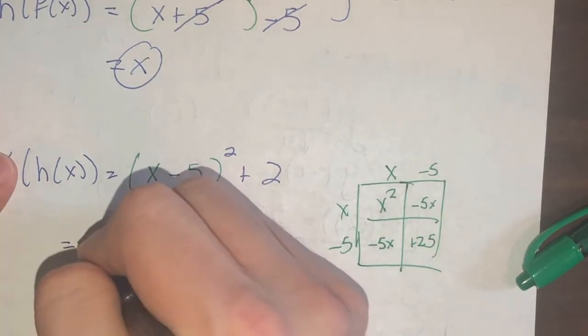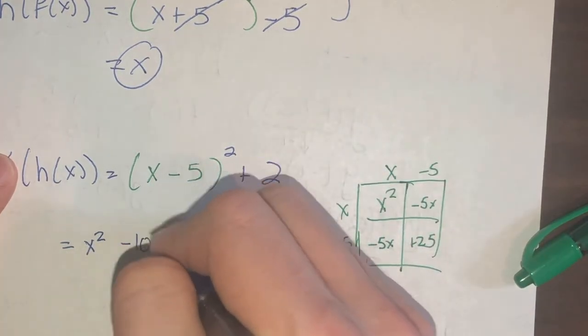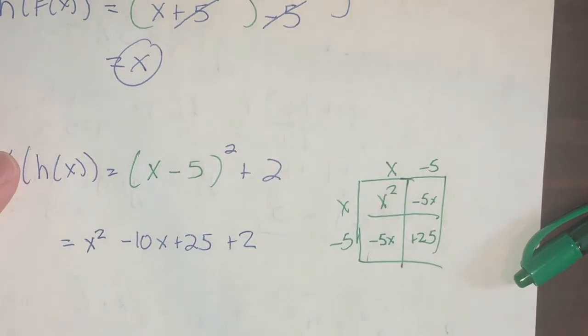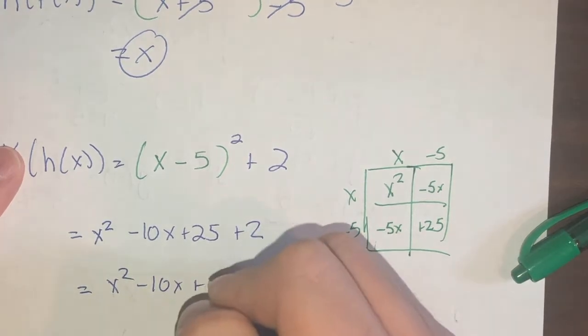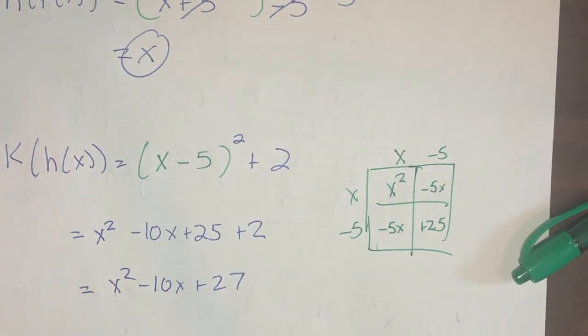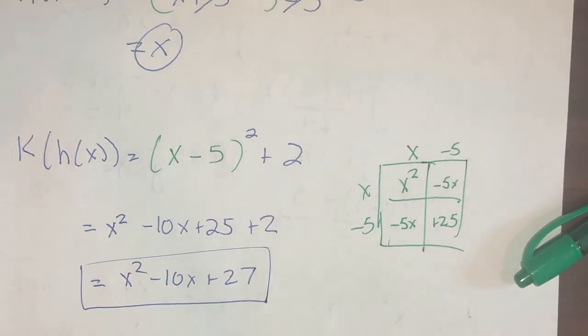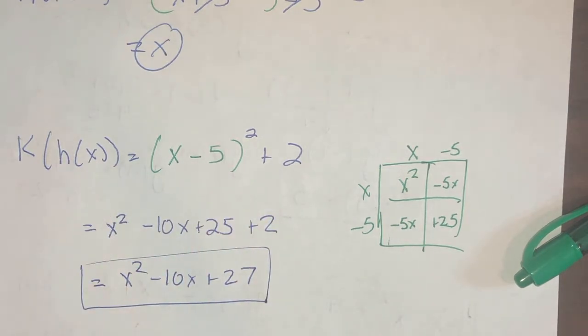Well, it gives me x squared minus 10x plus 25 plus 2, which is equal to x squared minus 10x plus 27. And actually last year, at least folks who had me, and I'm pretty sure the other math teachers did this as well, this was just like converting from vertex form into standard form, okay?